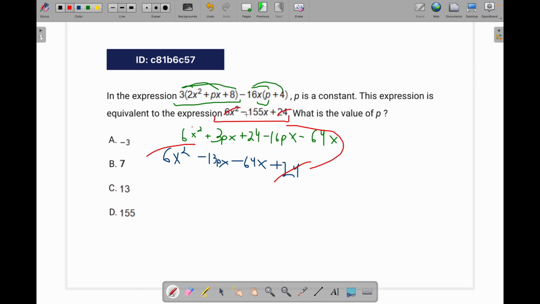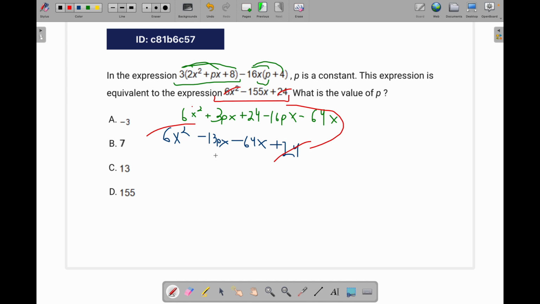They all have x in common, so let's just cross out the x's. And what you're going to see now is negative 155 equals negative 64 minus 13p. We're looking for what the value of p is. So what we're going to just do is we're going to add 64 to each side.